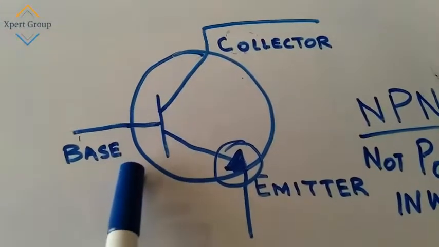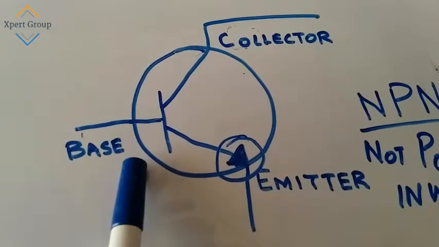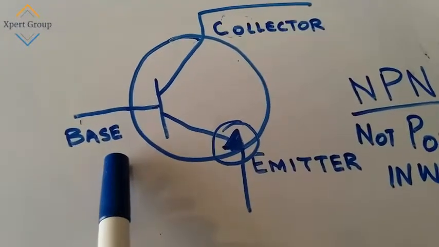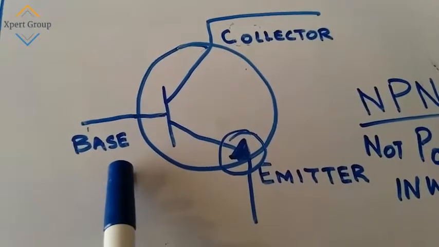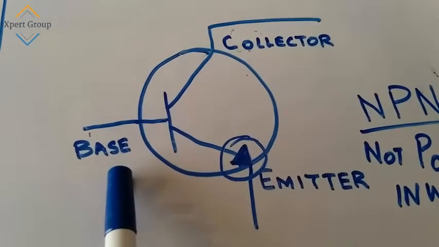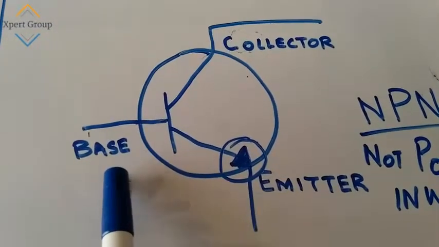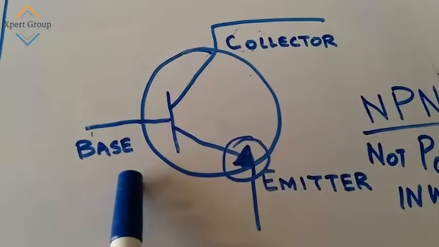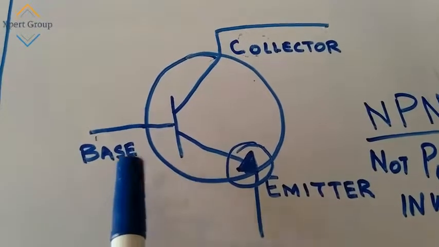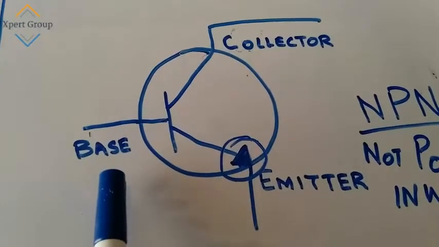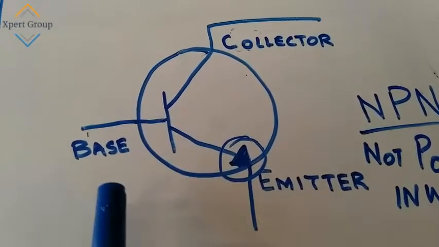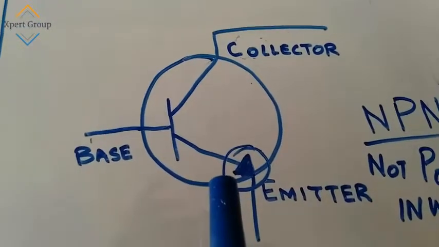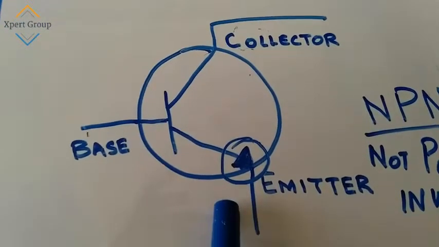Then the base is basically the odd layer of the transistor, and it acts just like an on-off switch in the transistor. The base to emitter junction is always forward biased if you switch on the transistor.